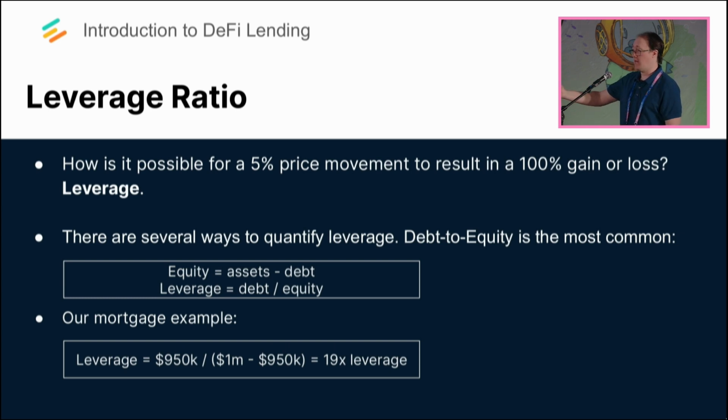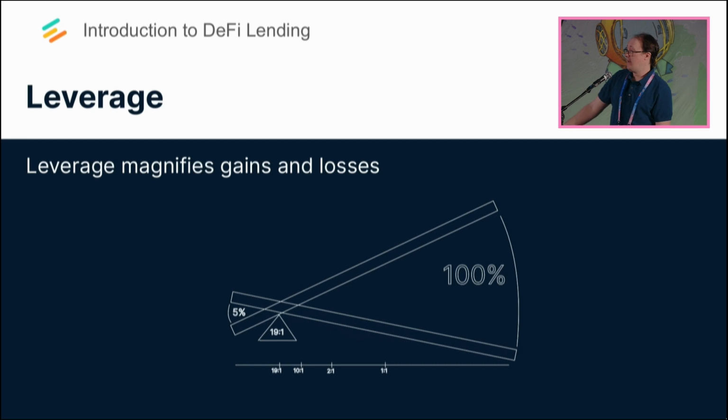So in our mortgage example, we have 19x leverage. And that, as we see in this slide, corresponds to your gains and losses. This is the physical analogy for leverage, how it happens. A small price movement can end up with a large effect on your profit and loss.